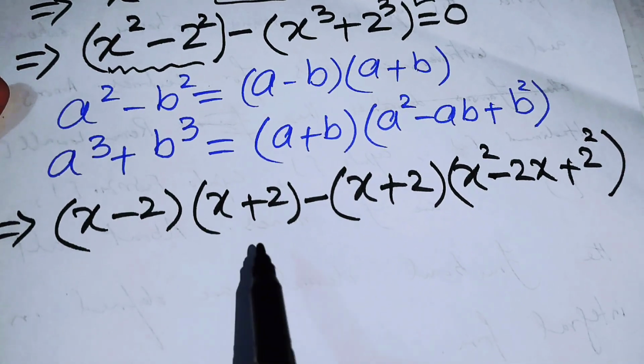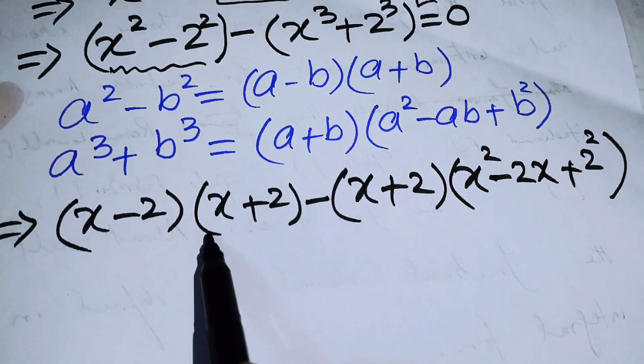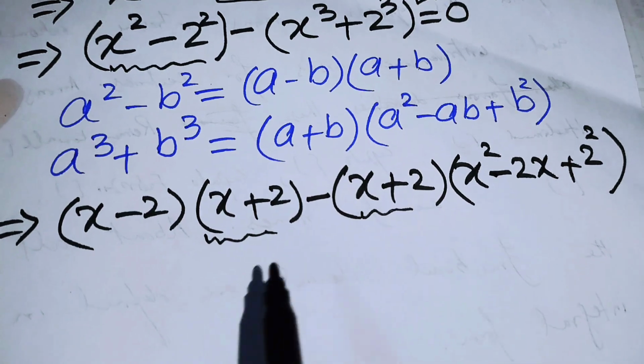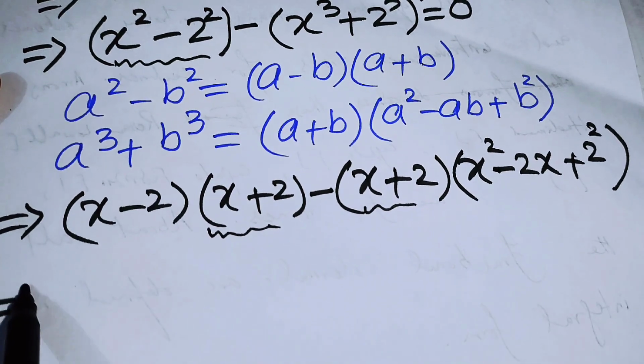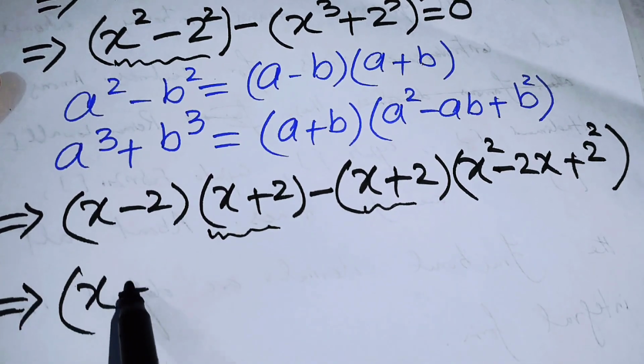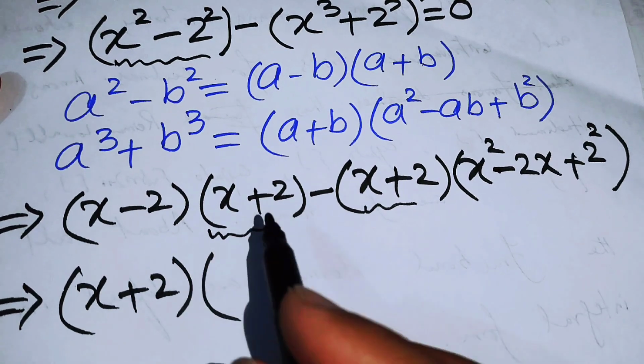After that you can focus on both of the terms, and we will see that x plus 2 is present on both sides, so we will take common x plus 2 and we will get the output in this form.